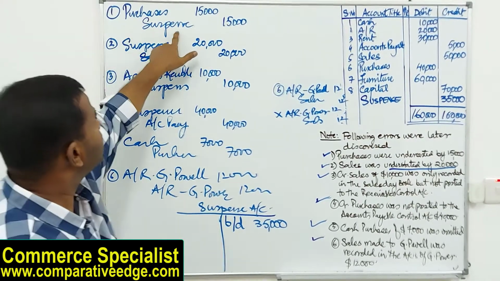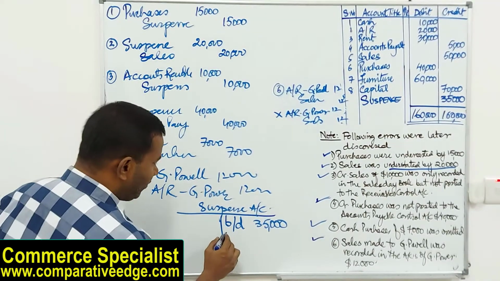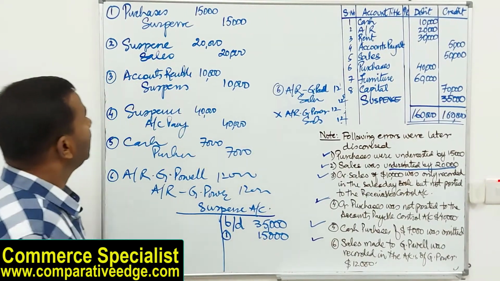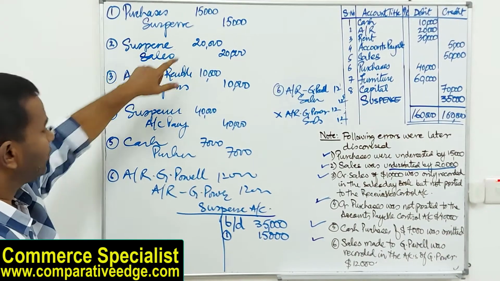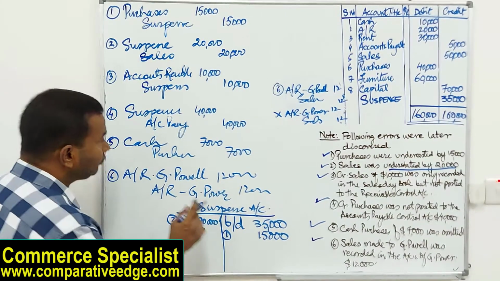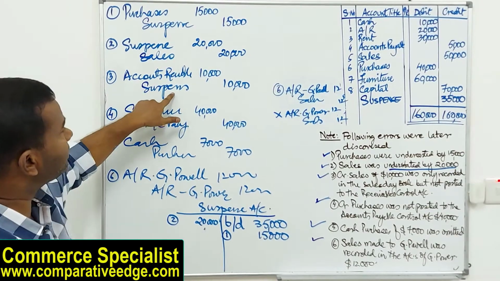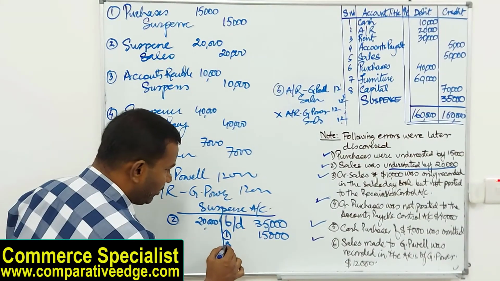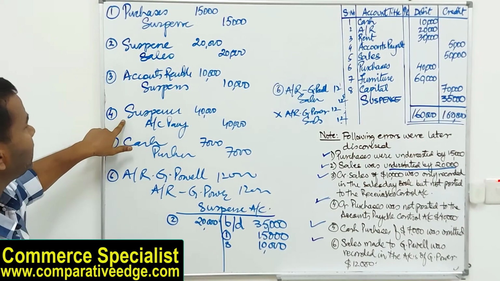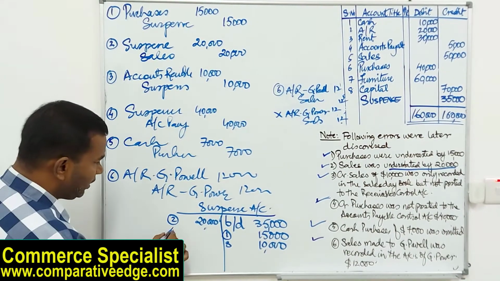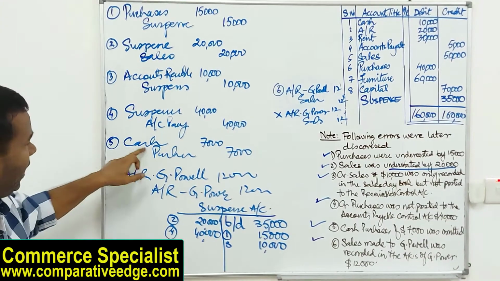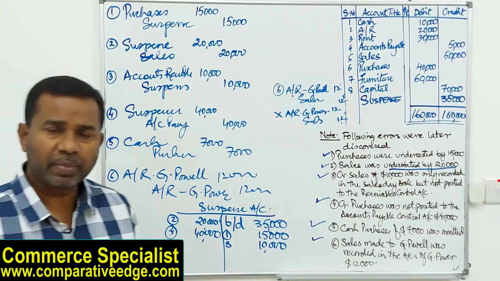Entry number 1, suspense is credited with 15,000. Entry number 2, suspense is debited with 20,000. Entry number 3, suspense is a credit of 10,000. Entry number 4, suspense is debited with 40,000. Entry number 5 and 6 don't have suspense.